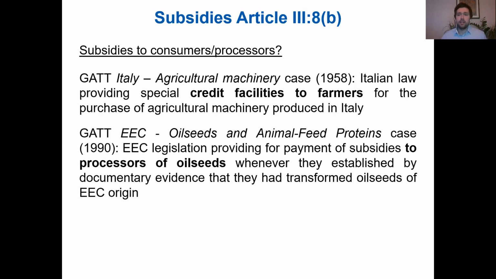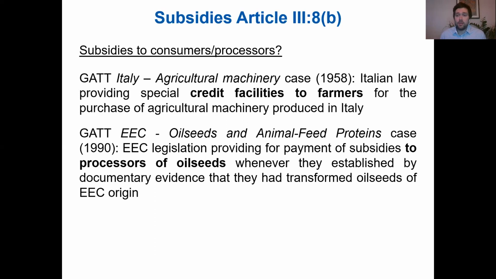Then the other case, the famous case of oilseeds and animal feed proteins. And there the European Economic Communities in those times, 1990, not yet even EC. The European Economic Communities legislation provided for the payment of subsidies to the processors of oilseeds.